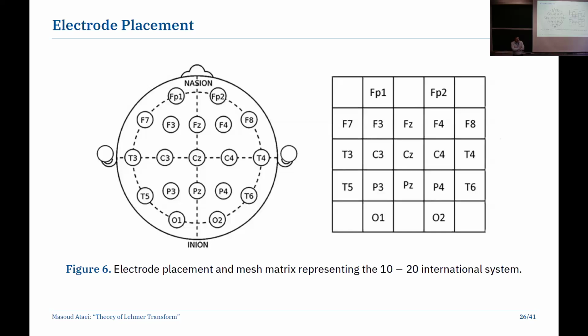Through the midline, we have the central and parietal lobes, which are responsible for sensory motor readiness and spatial processing. And towards the posterior, we have occipital lobes, which are responsible for visual processing.